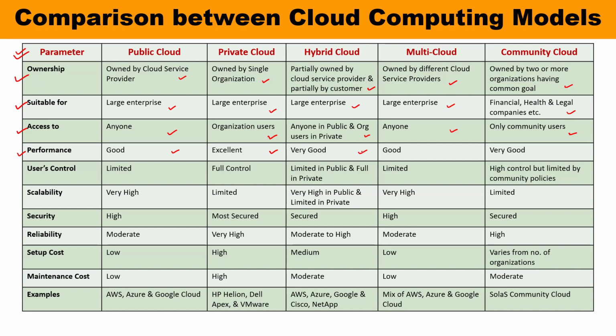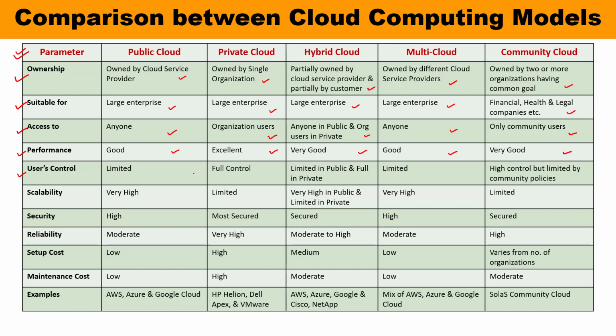In case of hybrid, it is very good because it's a combination of public and private. For multi-cloud, as I've told you, it's mainly a combination of many public clouds, so the performance is good. For the community cloud, performance is very good because the same cloud is being shared with many organizations only.